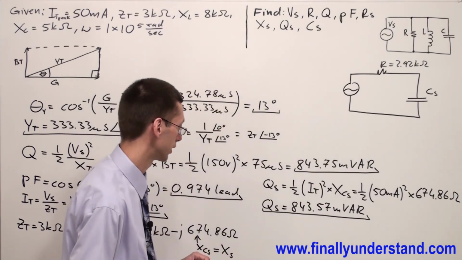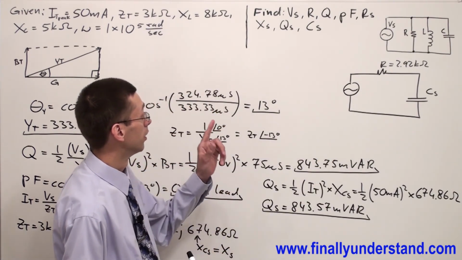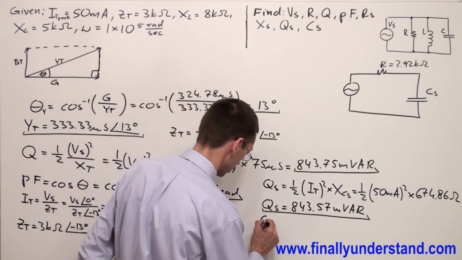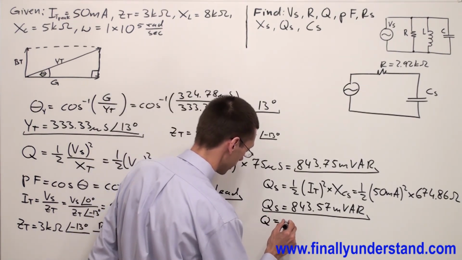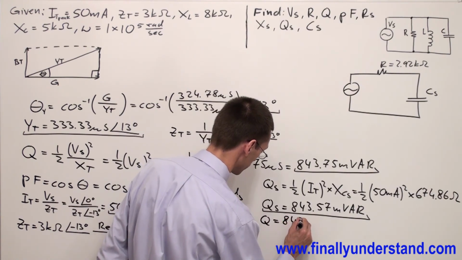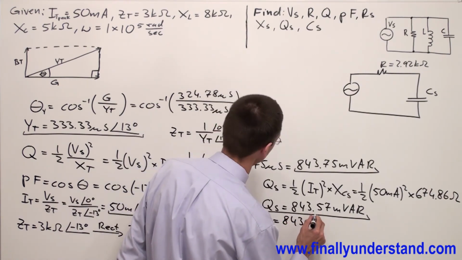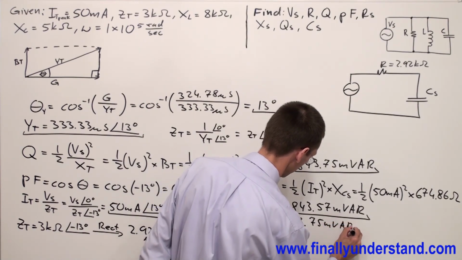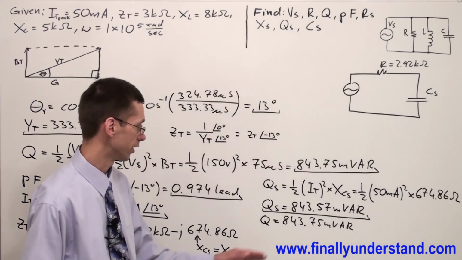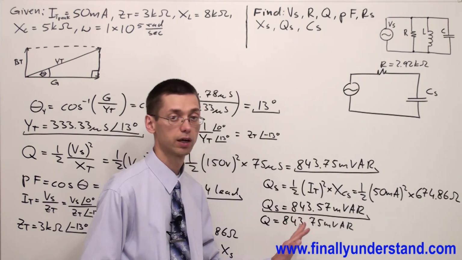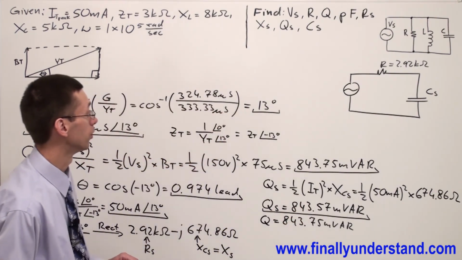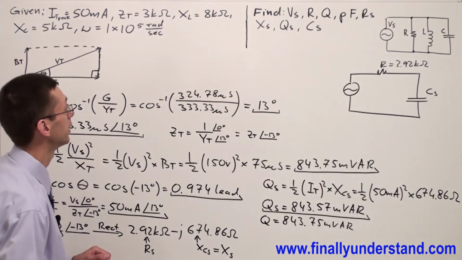Let me remind you that in the parallel circuit we got value Q equal to 843.75 millivolt ampere reactive. The difference is very small, so we can say that our calculations up to this moment are okay.